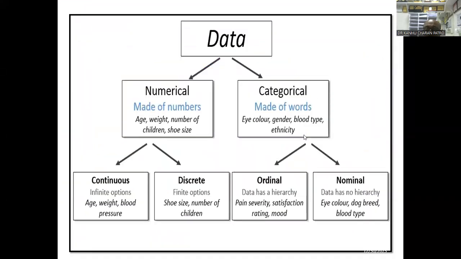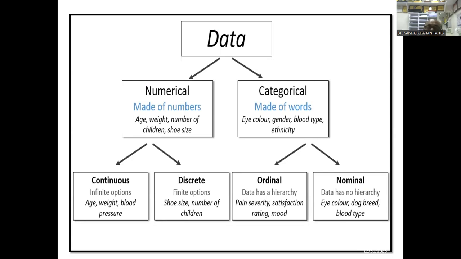Qualitative is otherwise called categorical data, like color, gender, blood type, ethnicity. And qualitative data may be ordinal, which is put in order, like mild, moderate, severe, grade 1, grade 2, grade A, grade B, grade C. That is called ordinal data. Nominal data is mostly names, like eye colors, blood type groupings. These are called nominal data.